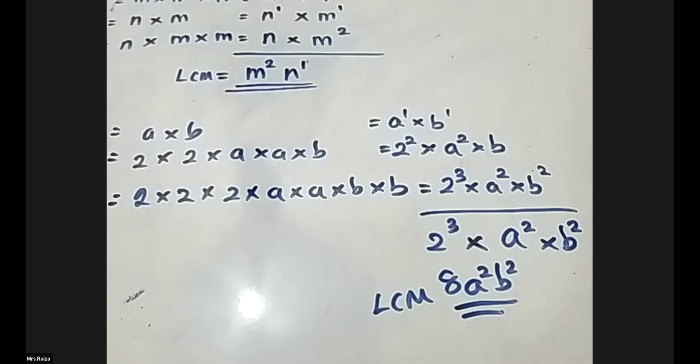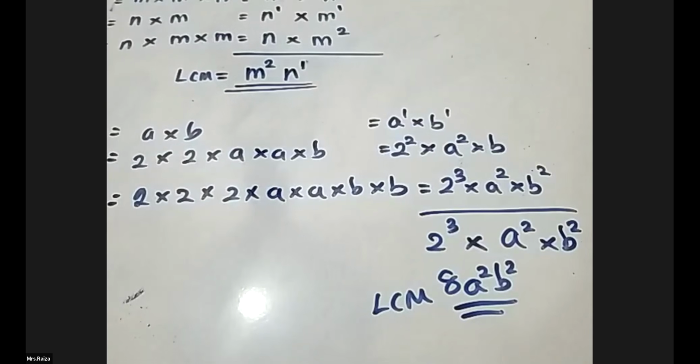Now, write the next topic. Finding LCM of algebraic expressions, including binomial expression. Topic is there in page number 131. You don't want the whole topic.